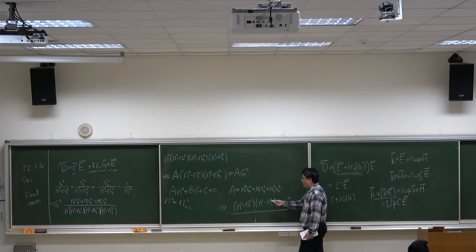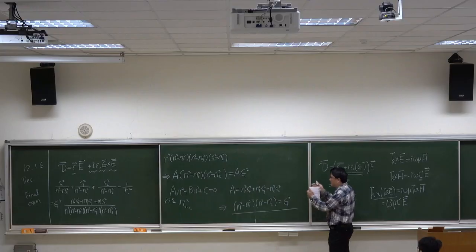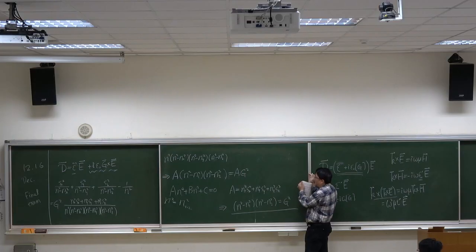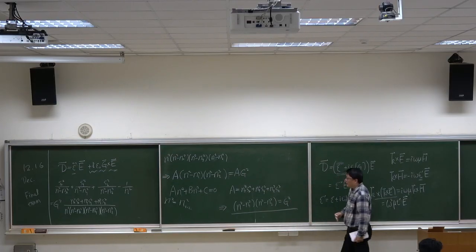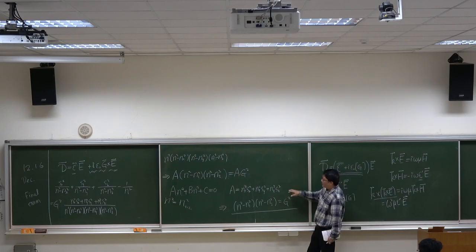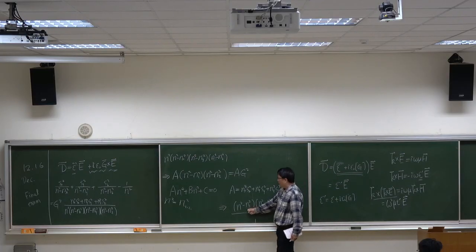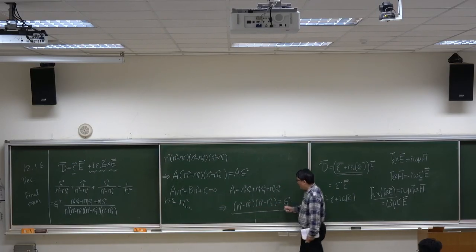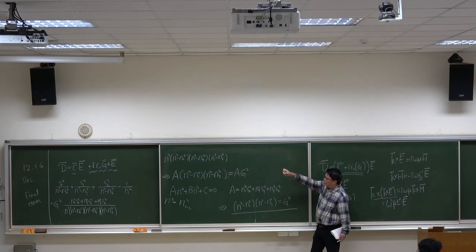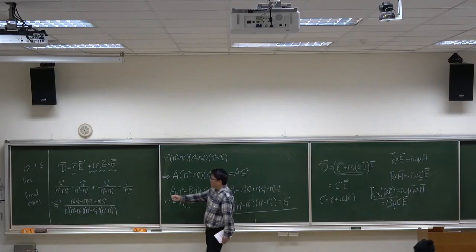Okay, here n1, n2 are the two eigenindices for the non-optically active crystal. That is, when we turn off the optical activity, the two solutions we originally obtained are these two eigenindices n1 and n2. If we use them again, then when we turn on the optical activity, the equation is modified into this form. So this is equivalent to this equation.